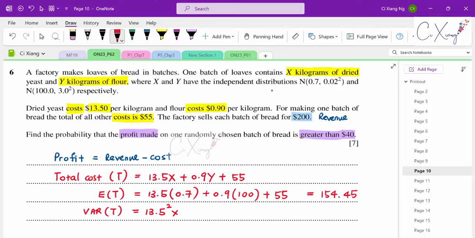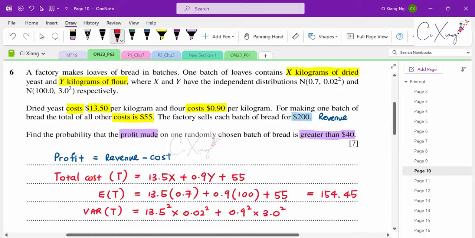So the variance of x is this one, 0.02 squared, plus 0.9 squared multiplied with the variance of y, which is 3.0 squared. So multiply with 3.0 squared. The variance of a constant, the variance of 55, always gives you a 0. So please take note of that, yeah? Always gives you a 0. Therefore, your variance should be 7.3649.